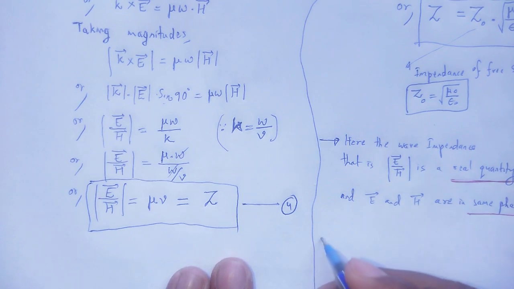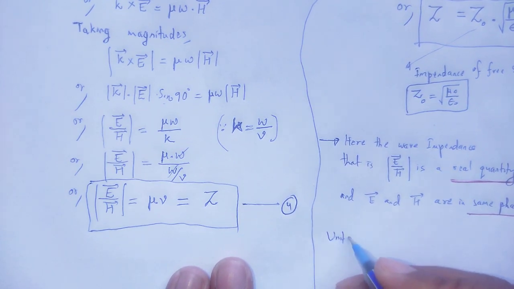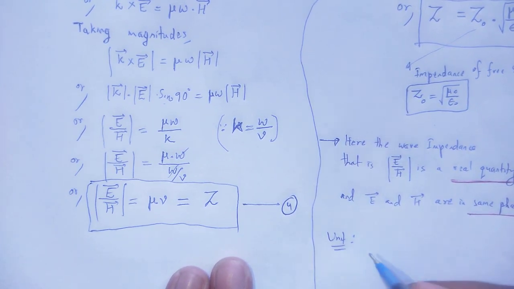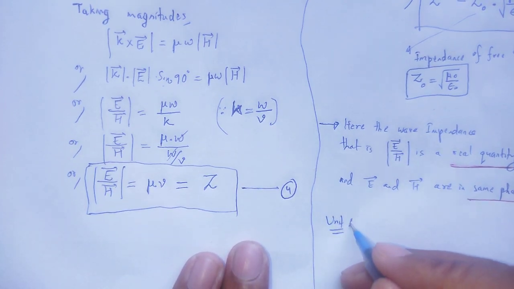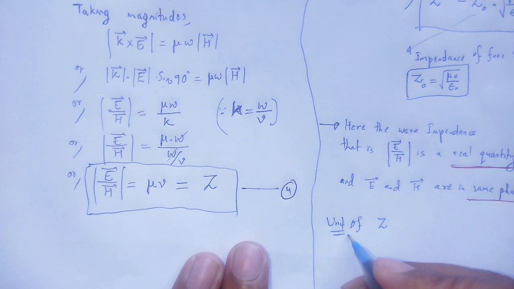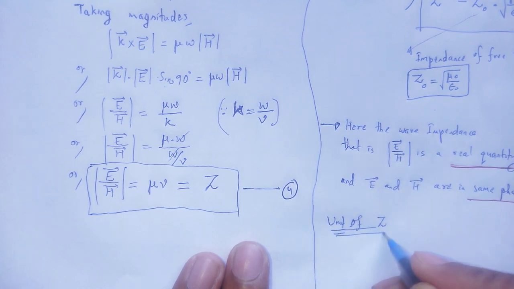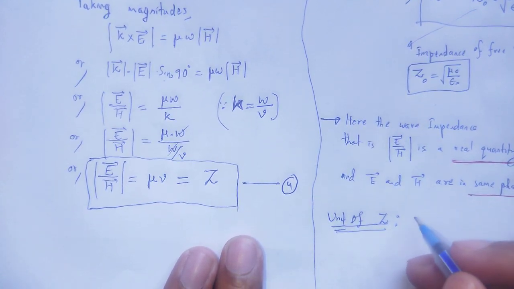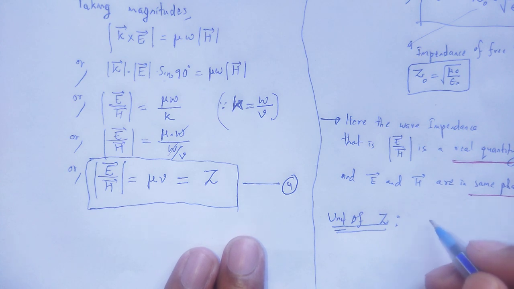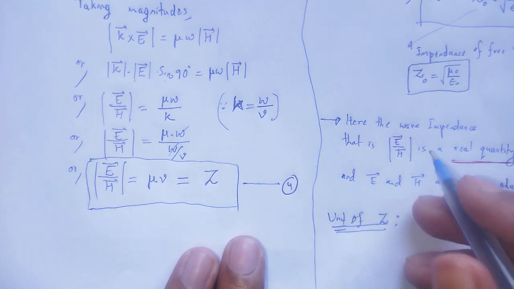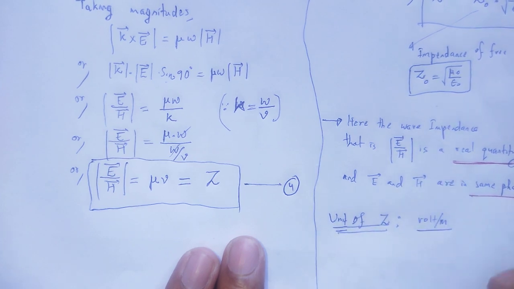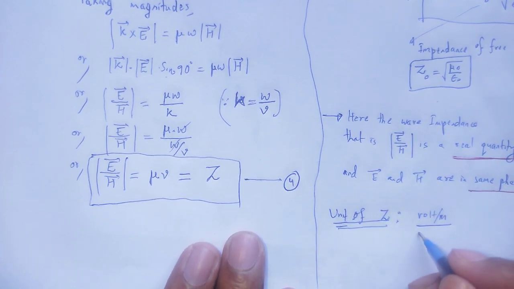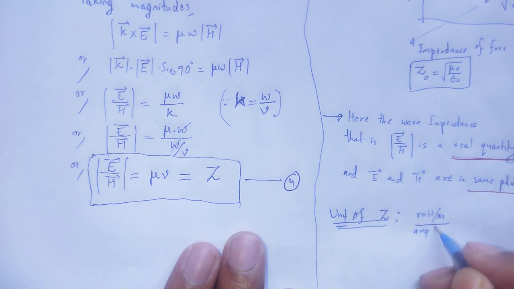And its unit of Z, as we write it, is unit of E, volt per meter, divided by unit of H, that is ampere per meter.